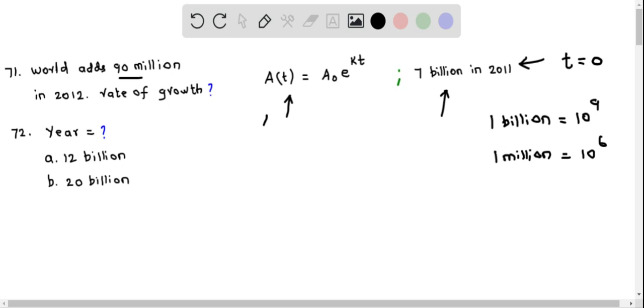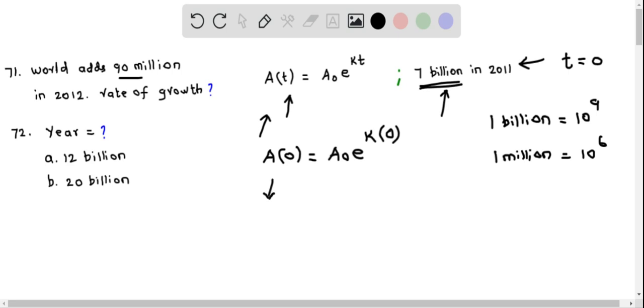And that means if we plug this in, we get A of 0 equals A naught e raised to the power of k times t, where t is replaced as 0. So therefore this becomes 0. That is, A of 0 is basically the population in the year t equal to 0, that is in year 2011. So this is 7 billion.